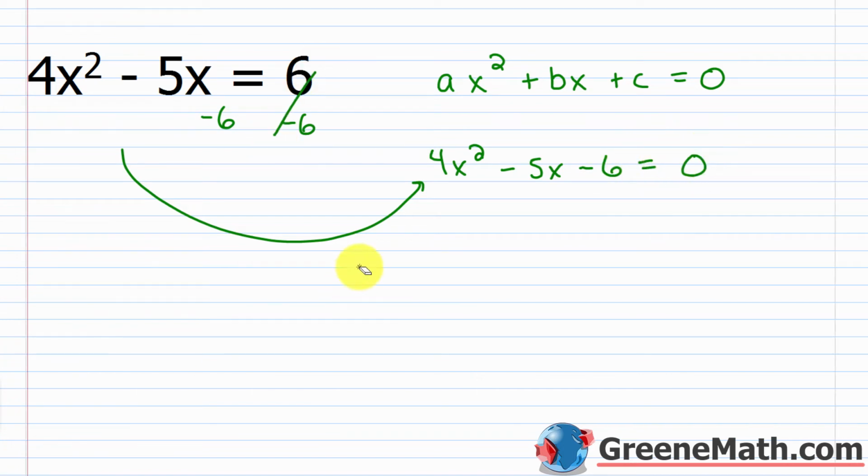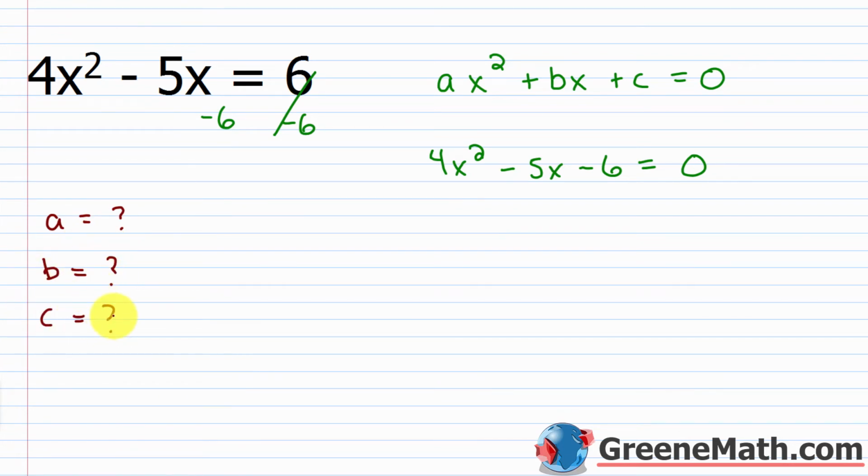Now, the next thing that I want to do is line everything up, and figure out what is A, what is B, and what is C. I need those to plug into the formula. So A is the coefficient for the x squared, so that's 4. B is the coefficient for the x to the first power, so that's negative 5. You need the negative there, don't just put 5.